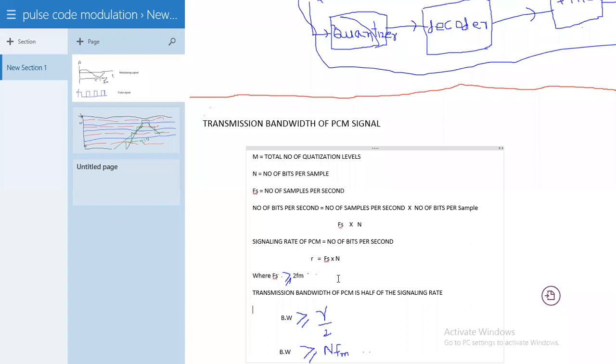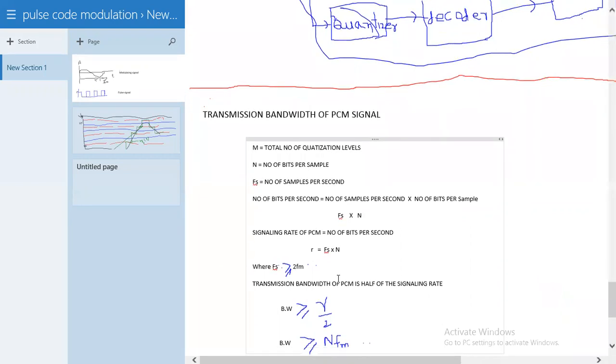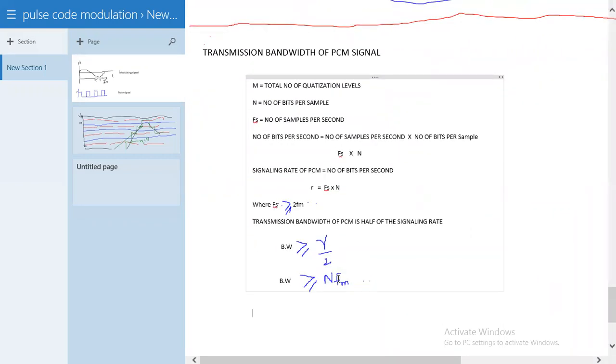So therefore, the transmission bandwidth is greater than or equal to small r by 2. Now when we simplify, the bandwidth is greater than or equal to N into Fm.